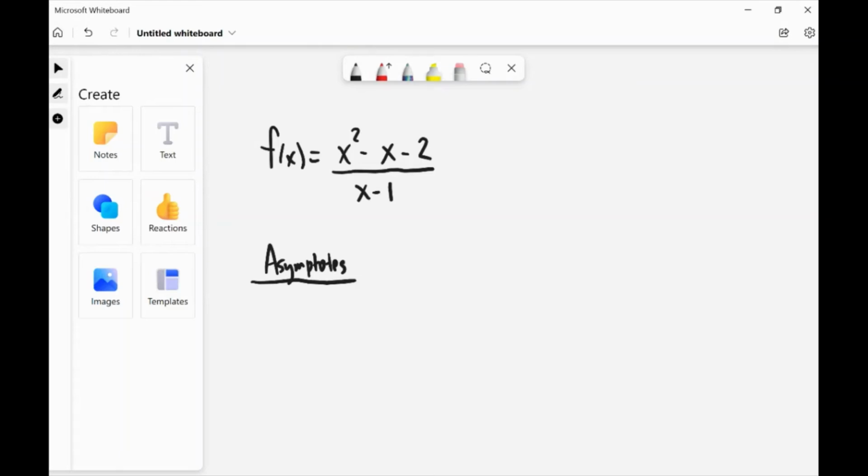Anybody? Would you factor the denominator? Oh, I mean, the numerator? Yeah, let's look at the factored version.